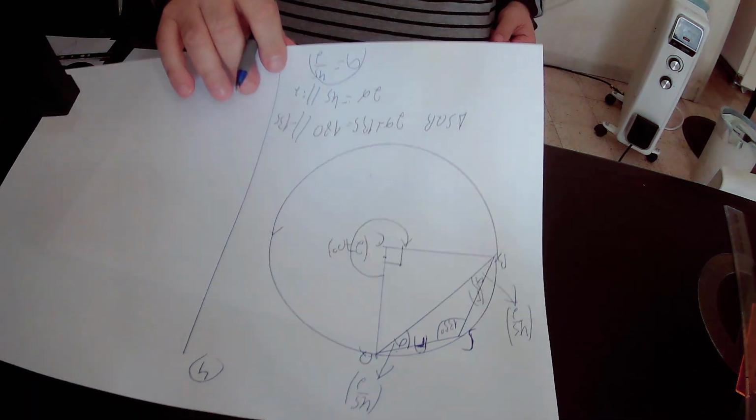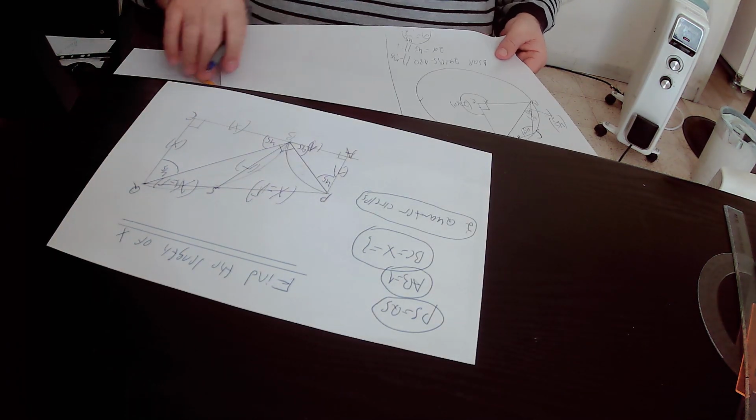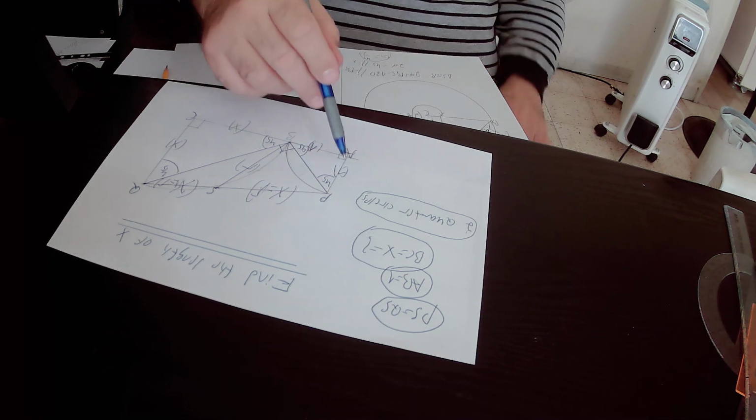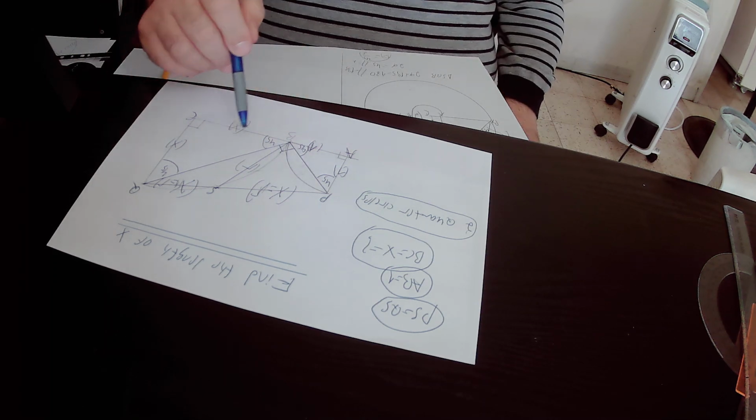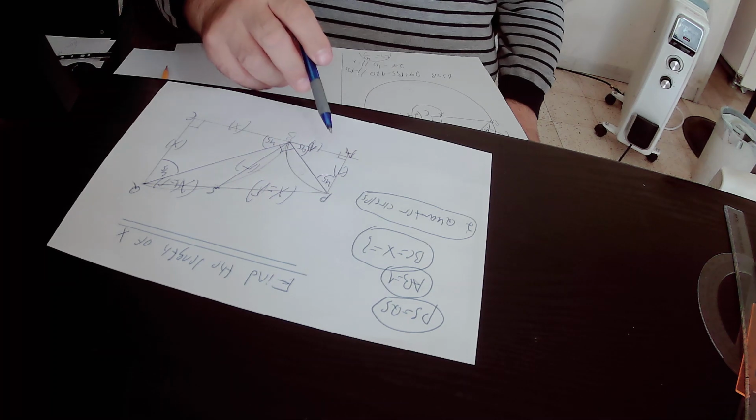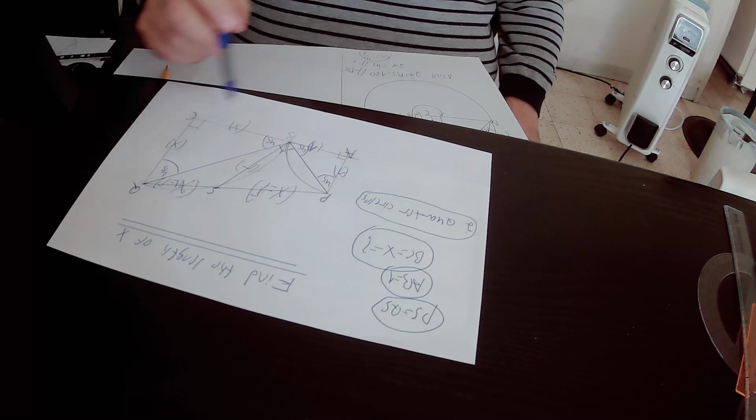Okay, in the next step, I will copy the right triangle PBQ into a new page, and we'll analyze this right triangle.